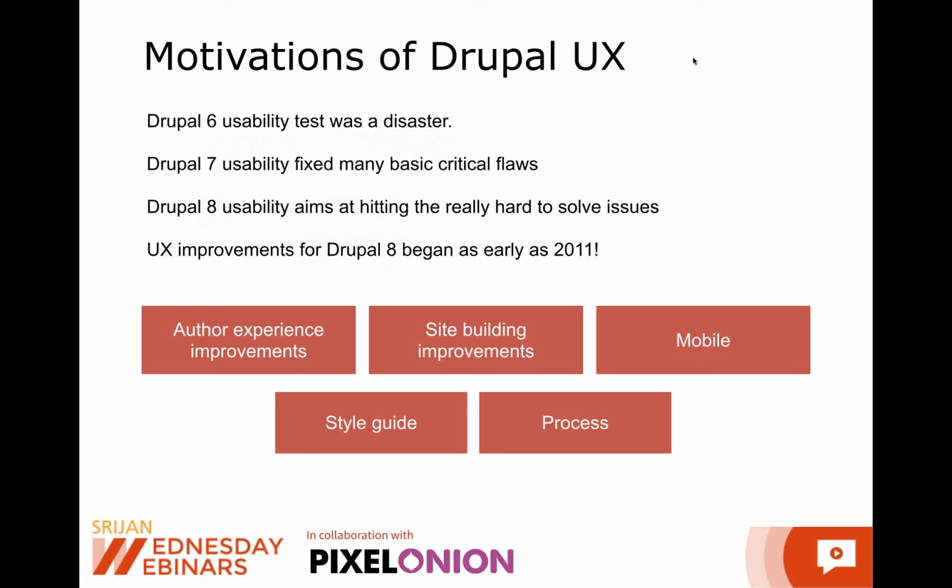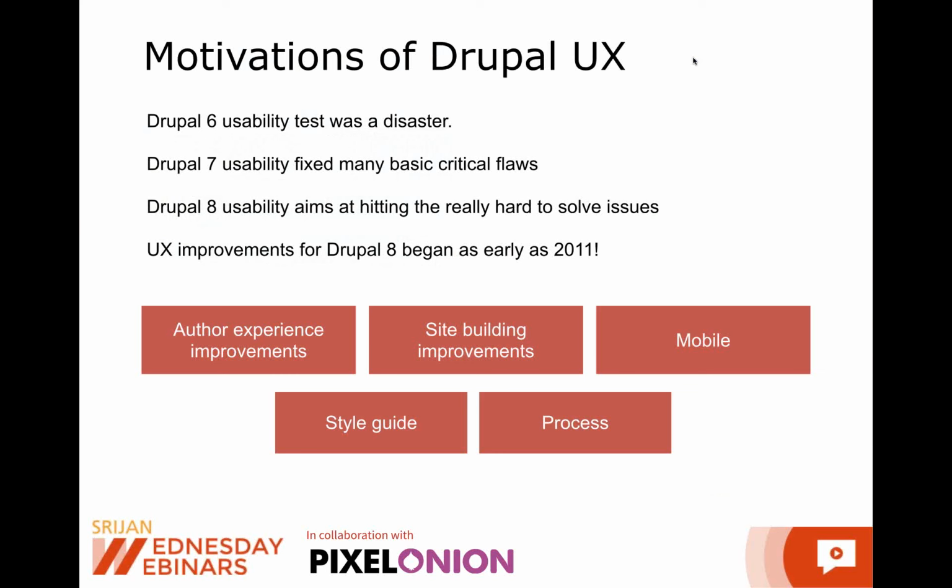And basically, as early as 2011, there were already usability tests done in large groups over in various conferences and events. So in the entire Drupal user experience, there were these 5 areas that the UX team aims for: the author experience, to improve how content authors manage the content.